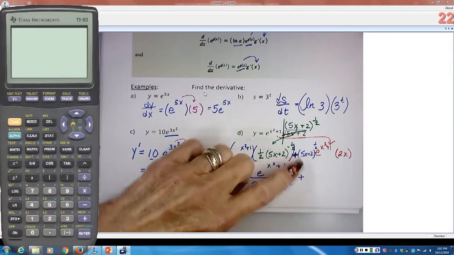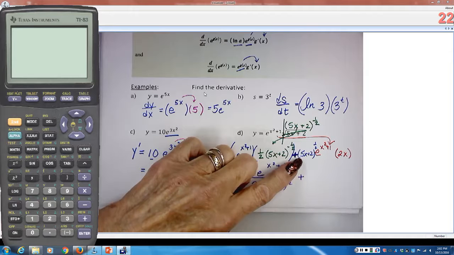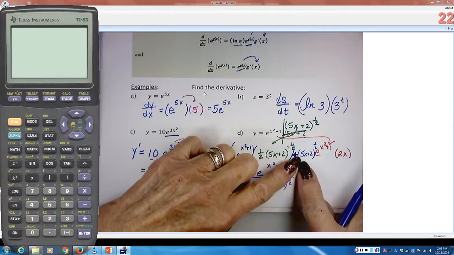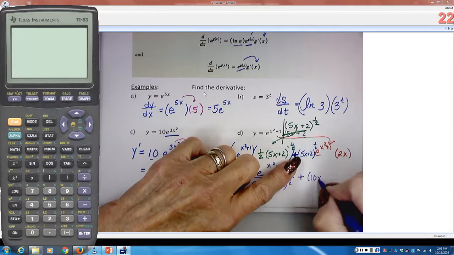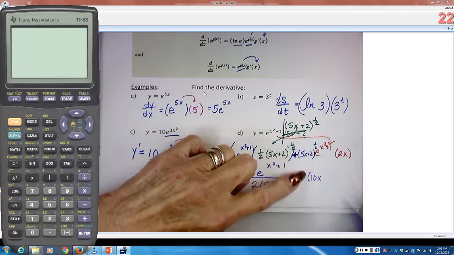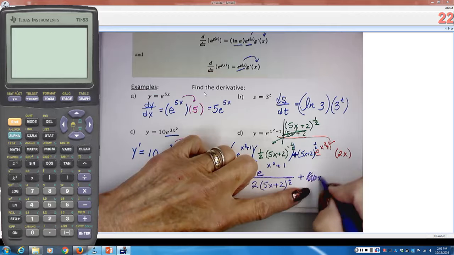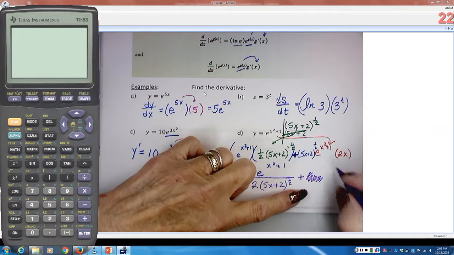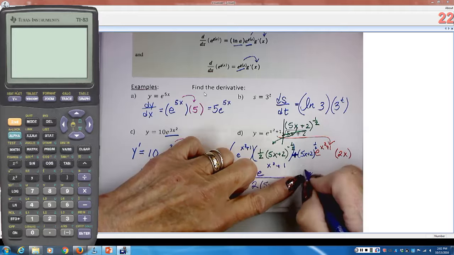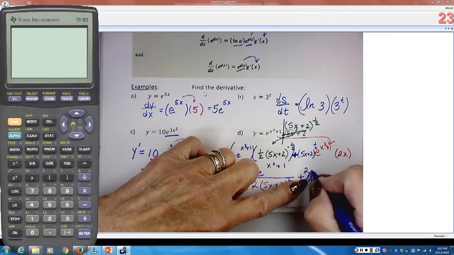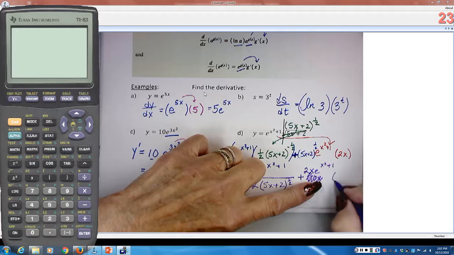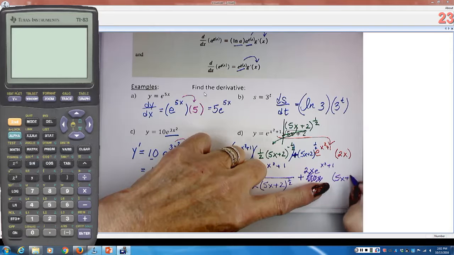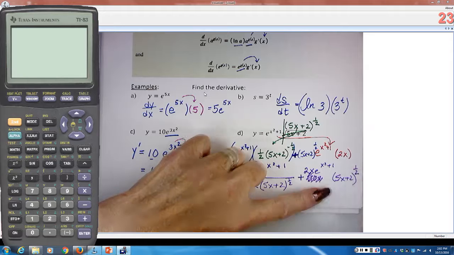Plus the second part of it, you could multiply 2x times 5x plus 2 and get 10x. Well, no, you can't because you got a 1/2 power there, so you don't want to do that. You're kind of stuck with 2x e to the x squared plus 1 times 5x plus 2 to the 1/2 power.